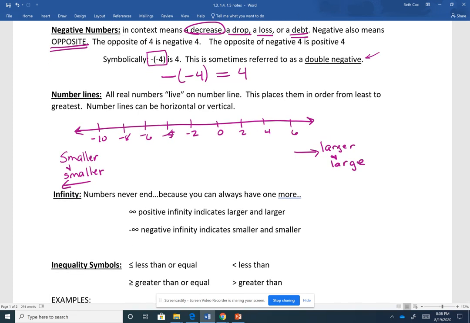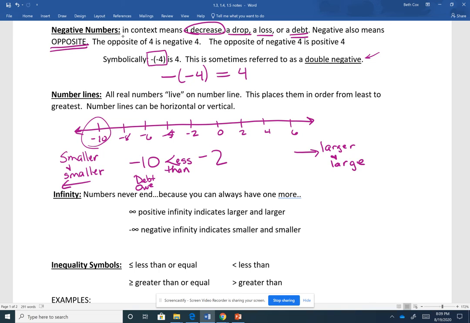All negatives are smaller than all positives, but -10 is less than -2, because it's more negative. And if you think in terms of money, this would be a debt or something that you owe.